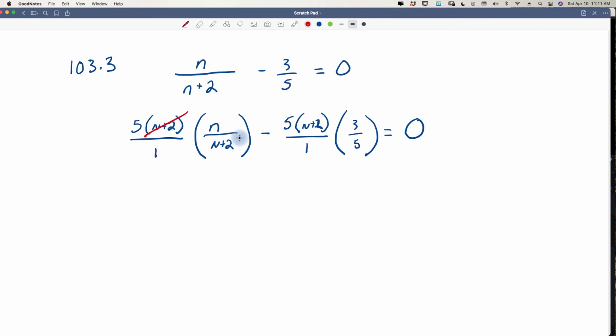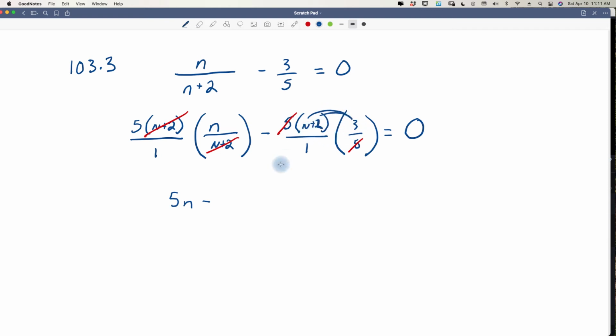We can cancel this and cancel this. We can cancel this and we can cancel this. Right? And all that leaves is we have a whole number of 1 underneath each set of fractions. So we can calculate. That's going to be 5n minus 3 times, we're going to distribute the 3 to the n plus 2.